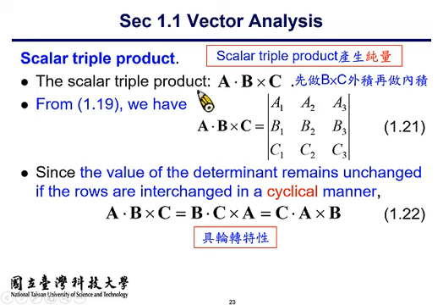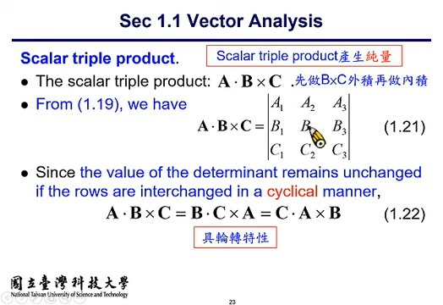So the scalar triple product can be conducted using the determinant form, like what we have in 1.21. So you write up the projections of vectors A, B, and C on the 3 rows of the determinant form, and you can use the determinant to find out the result.